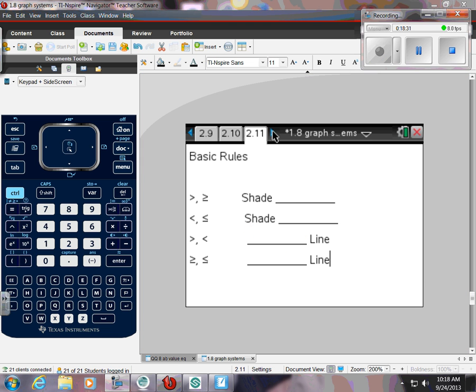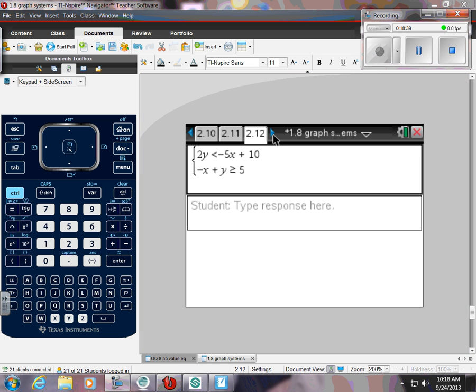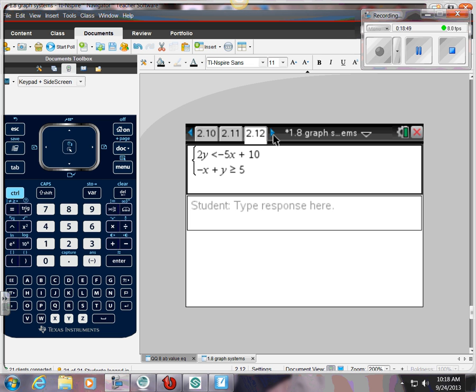Let's do this. Okay, so the way it stands right now, we have a little bit of an issue because I want to use my calculator to graph these. They need to be y, not equals, or y, whatever that inequality is, right? So I need that y by itself. With this first one, 2y is less than negative 5x plus 10.